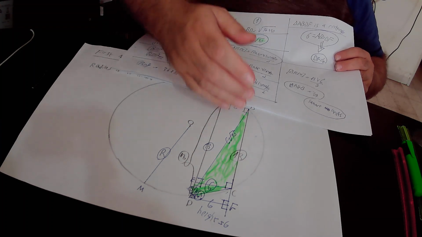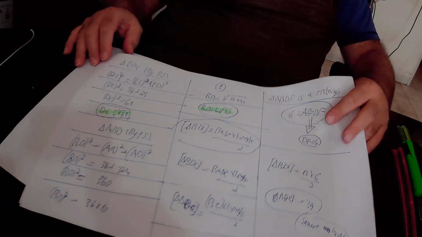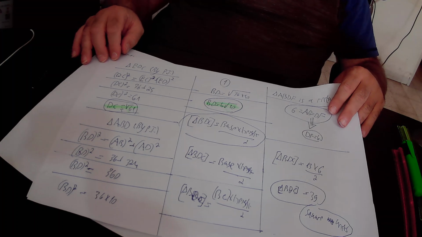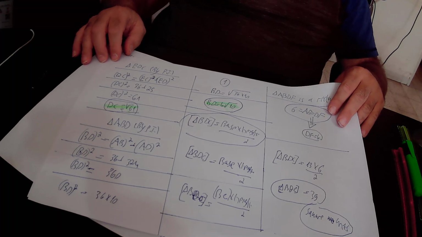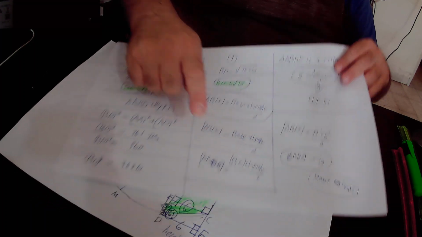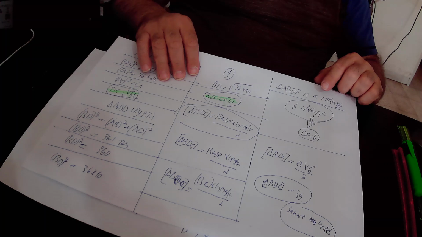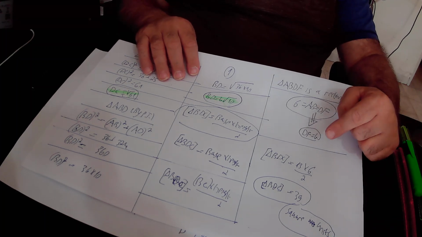Now we can easily find the area of the green triangle BDC. The area of the green triangle BDC equals the base, that is BC, times the height over 2. But BC equals 13, therefore we substitute BC by 13 times the height.